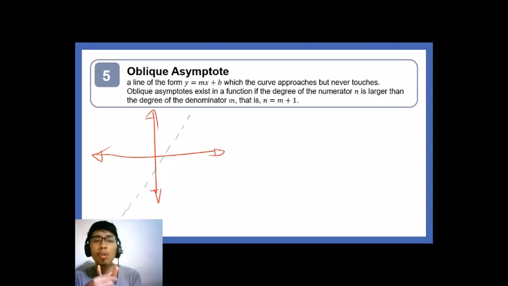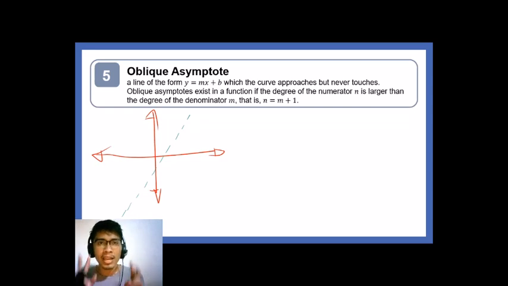The vertical asymptote is always there every time you solve a rational function, but the horizontal asymptote is not always there. It depends on the degrees of your polynomials. If you have a horizontal asymptote, basically you don't have an oblique asymptote, but if you don't have a horizontal asymptote, basically you have the oblique asymptote.